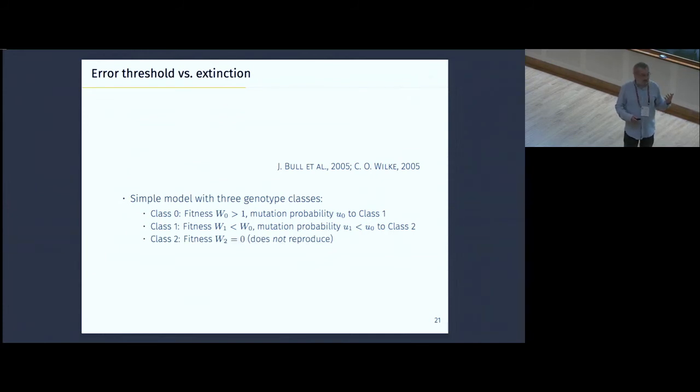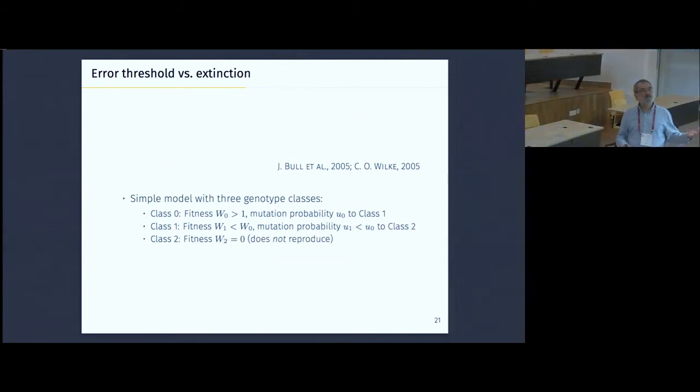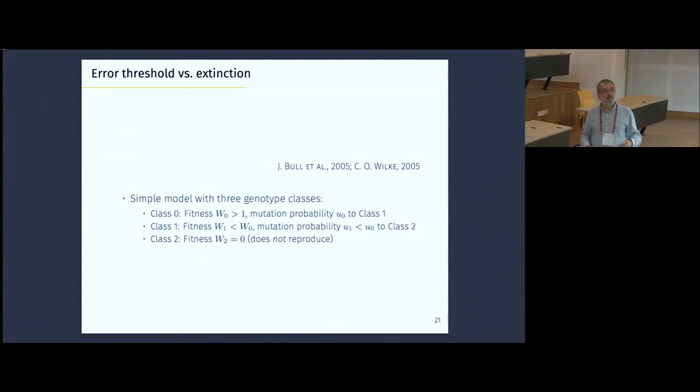So let's discuss what happens in a concrete example in which we have 3 genotype classes. Class 0 is the wild type with a fitness, say, larger than 1, which has a mutation probability U0 to go to class 1. Class 1 is an intermediate class with a fitness which is lower, but non-vanishing.